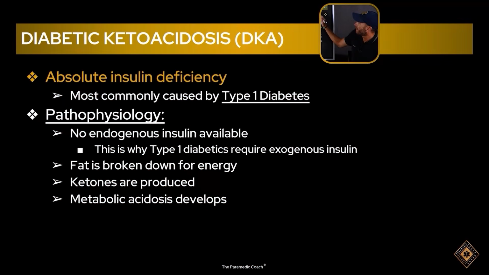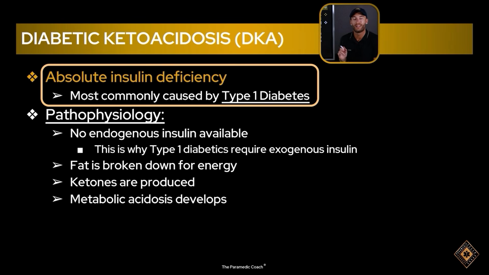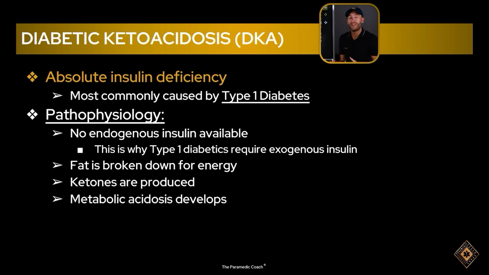With diabetic ketoacidosis, it's an absolute insulin deficiency. So remember, type 1 diabetics literally don't produce insulin. Type 2 diabetics have an insulin problem that has gone on over the years. Rather, it's insulin resistance, like their locks aren't working.